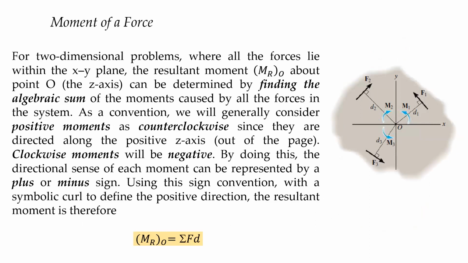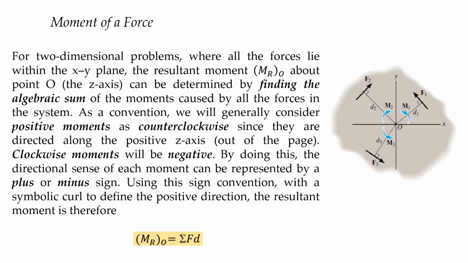As convention, we will generally consider positive moments to be counterclockwise since they are directed along the positive z-axis, meaning it follows the right-hand rule. If we put our right hand on top of our left palm and curl our fingers, it follows a counterclockwise movement. So that is a positive moment. And clockwise moments will be negative.